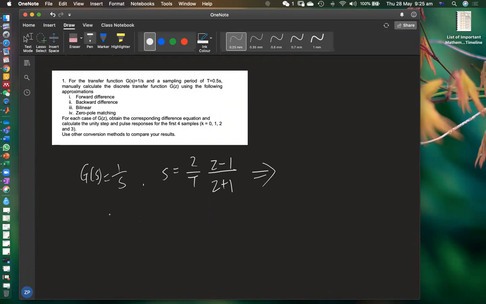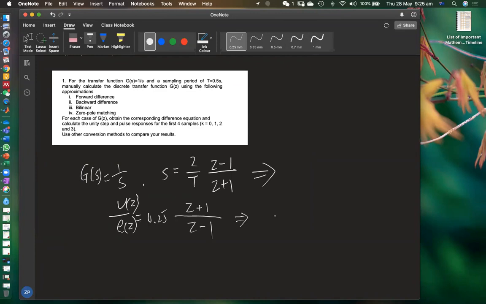Then we can get our representation in transfer function equal to something like that, right? So this is actually the Z transfer function, or pulse transfer function.